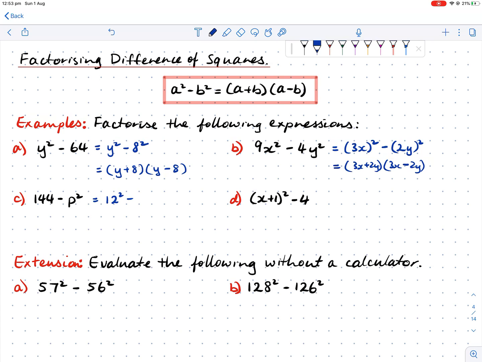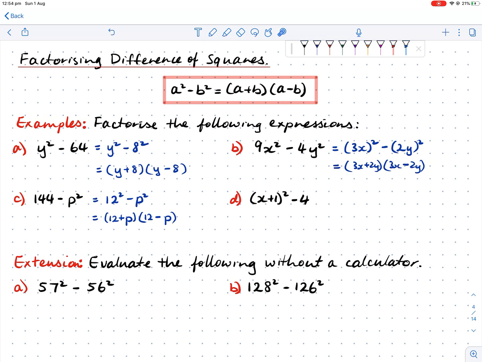So 12 squared minus p squared, and you can see your two square numbers. When we write this one in, we need to make sure we write it in the same order that we have it. When we're adding two terms it doesn't really matter, but it does when you're subtracting. The first term in the subtraction must be the positive square, and then the second one is the one you're subtracting.